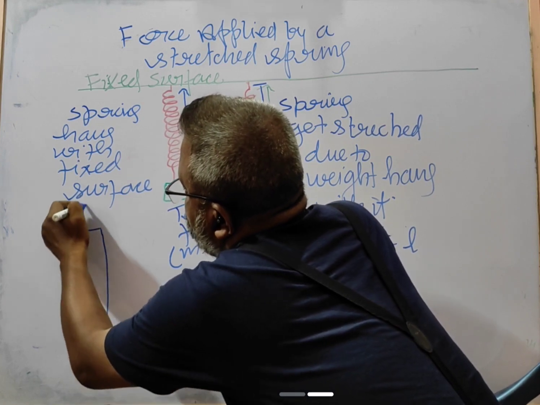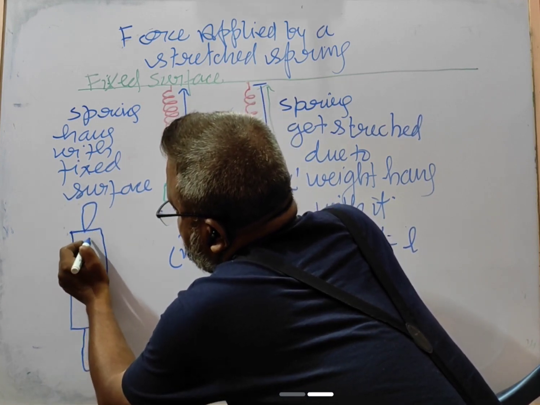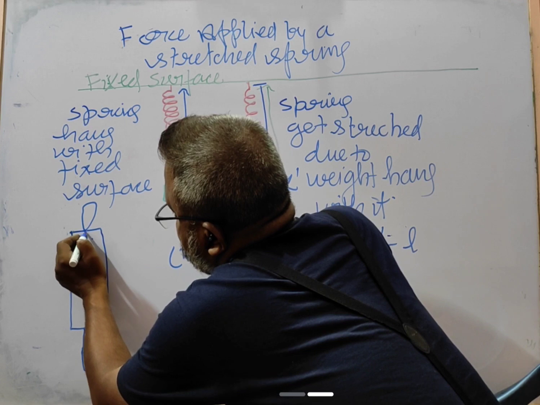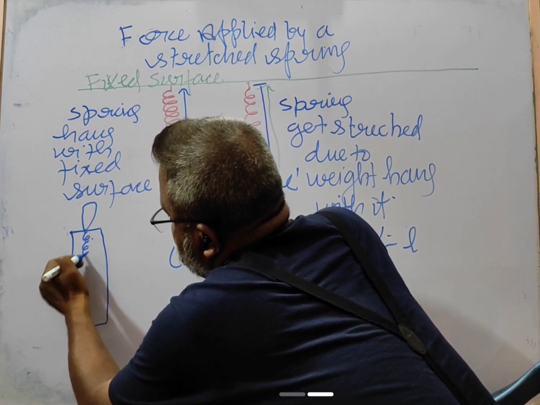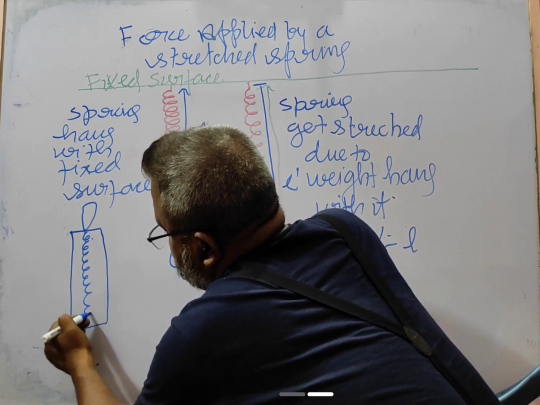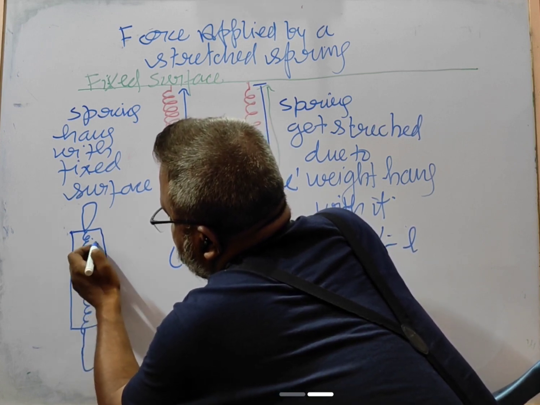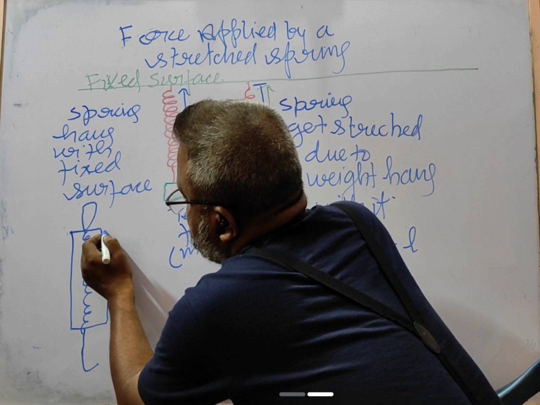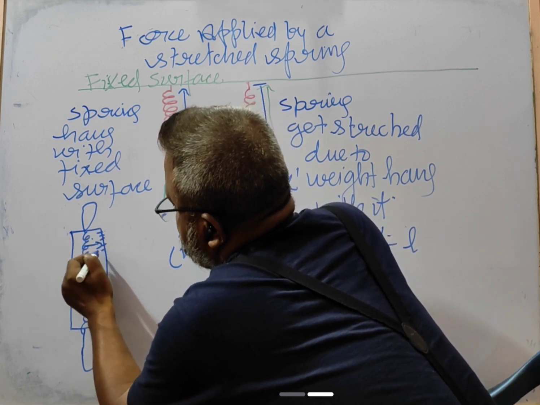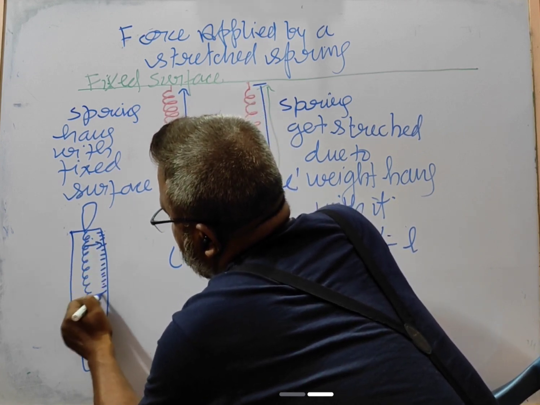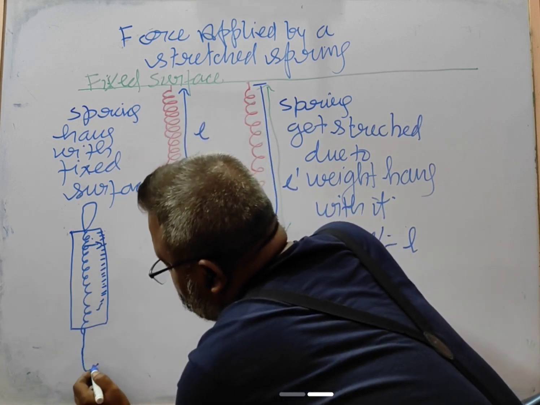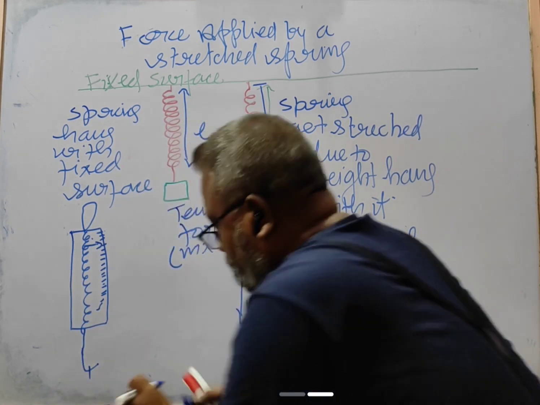And this is for holding, and there are graduations. There is a spring, and there is a pointer attached, and there are graduations, right? So what happens when you hang a weight with it?